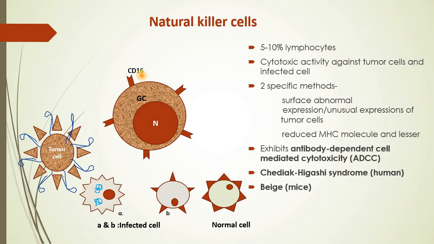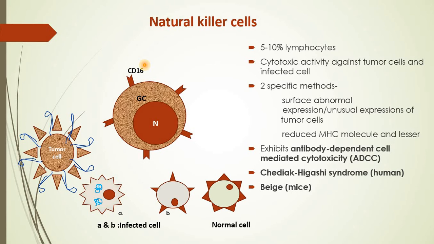Onto the surface, like any other nucleated cell, it shows the presence of receptors which are defined as CD16. If you recall, CD refers to cluster of differentiation, which we have already understood in the previous lecture on T cells, wherein I said that CD4 and CD8 are there for T helper and T cytotoxic cells, indicating that the receptor molecules there show the cluster of differentiation of 4 and 8 type.